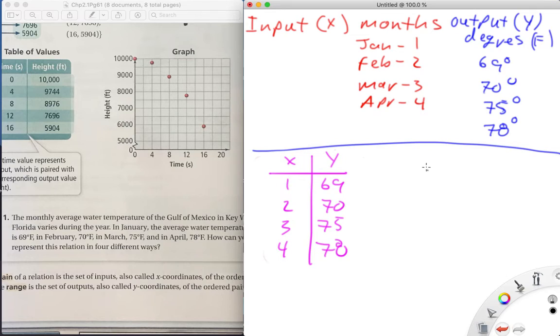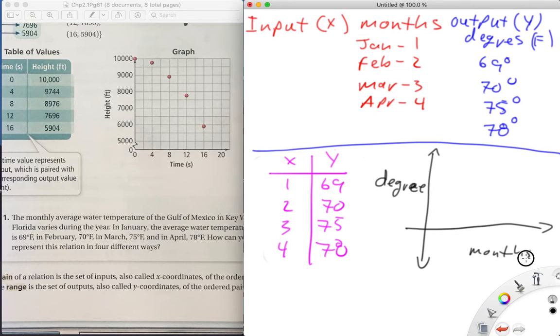I'm not going to graph it, but I will label the axes. I don't feel like graphing, that's too much. So the Y is your degrees, and your X would be your months, so this would be like 1, 2, 3, 4.